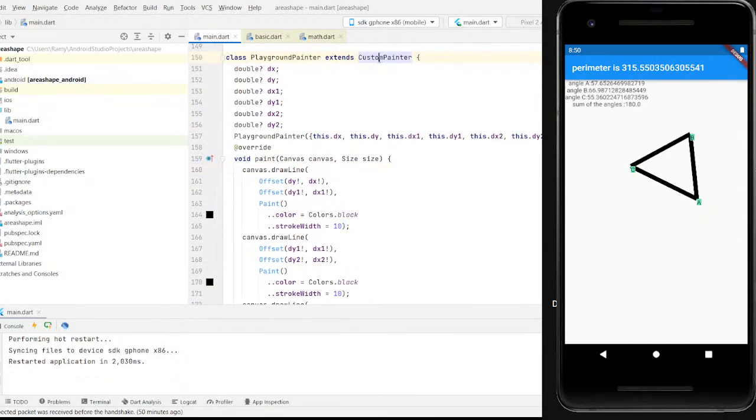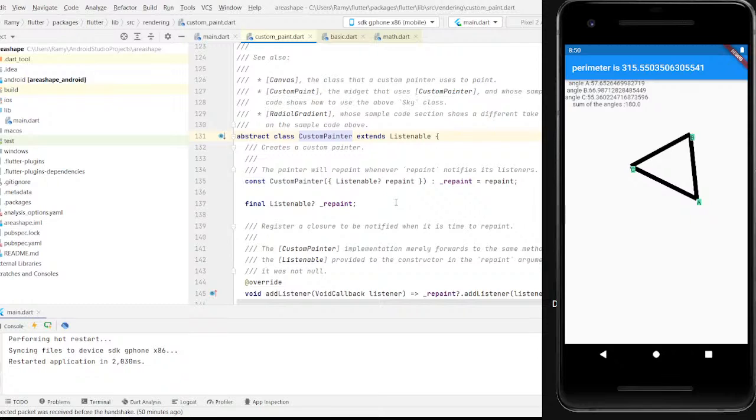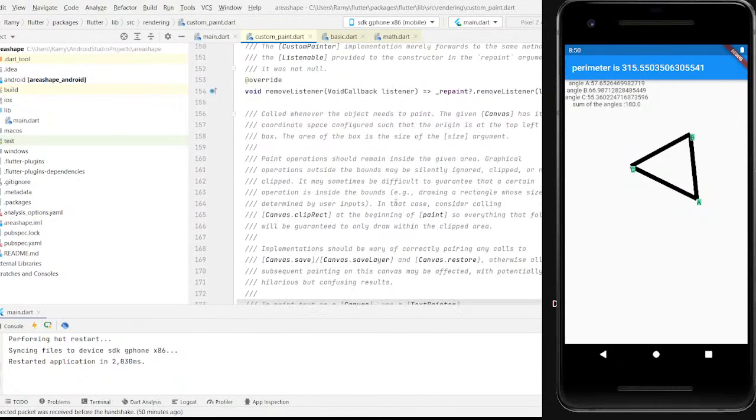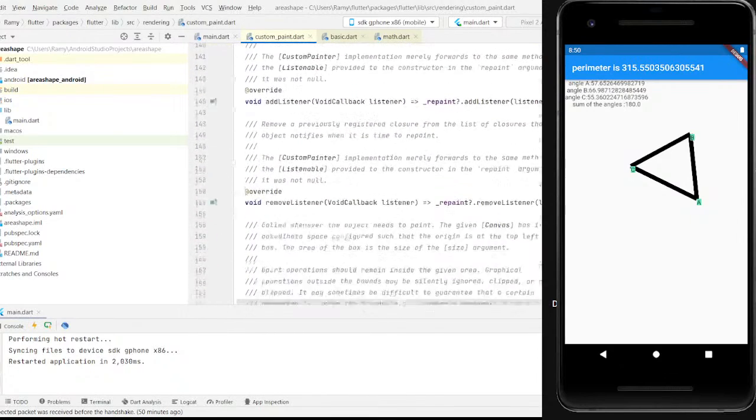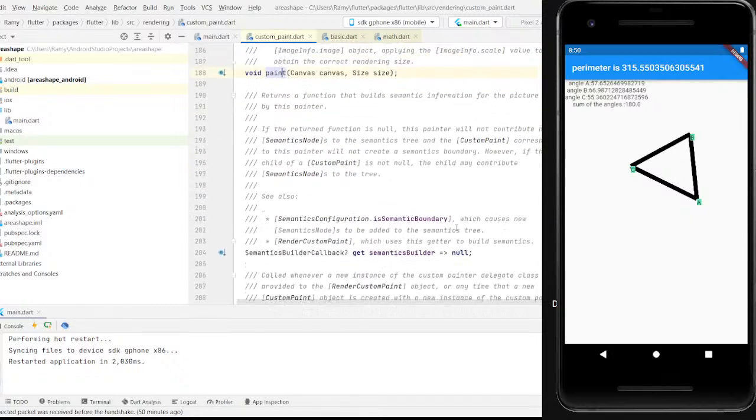At the end, custom painter is an abstract class. It uses two very important methods. The first is paint, which is used for drawing the lines and any other shapes you like.